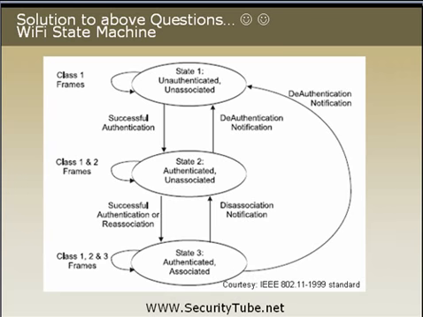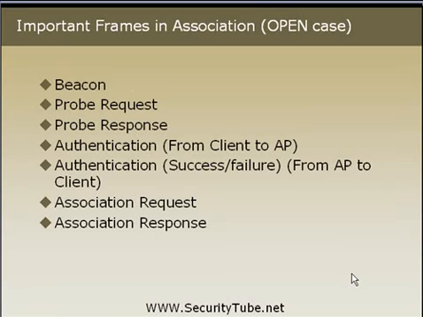In this video we are going to concentrate more on the packets which get exchanged between AP and clients in the connection handshake. These are the main packets exchanged in connection: the beacon packet, probe request, probe response, authentication from client to AP, then authentication success or failure from AP to client, then association request from client to AP, and association response from AP to client.